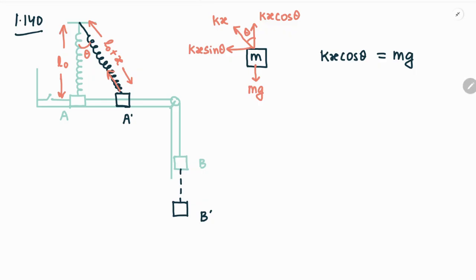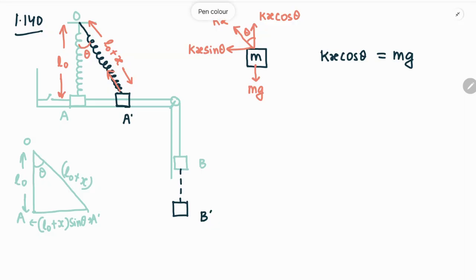Now to calculate the value of cos theta, let us draw this triangle OAA dash. In this triangle, this angle is theta, this length is L0, this length is L0 plus x, then we can say that this length is (L0 plus x) sin theta, and as A dash is (L0 plus x) sin theta, so is the value of B dash.